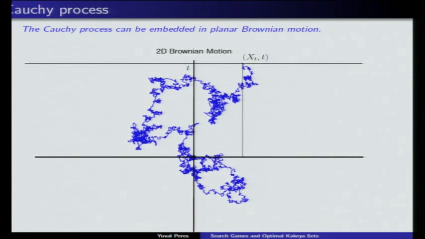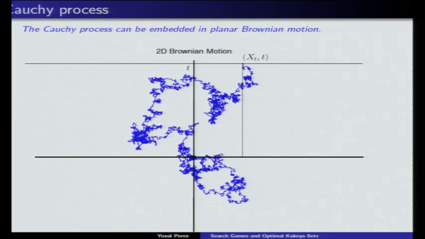And when it hits this line at height t, call its location x_t. Okay? So this is a realization of the Cauchy process. You can also construct the Cauchy process directly. This is a Lévy stable process, but it's nice to think of it in terms of this representation.